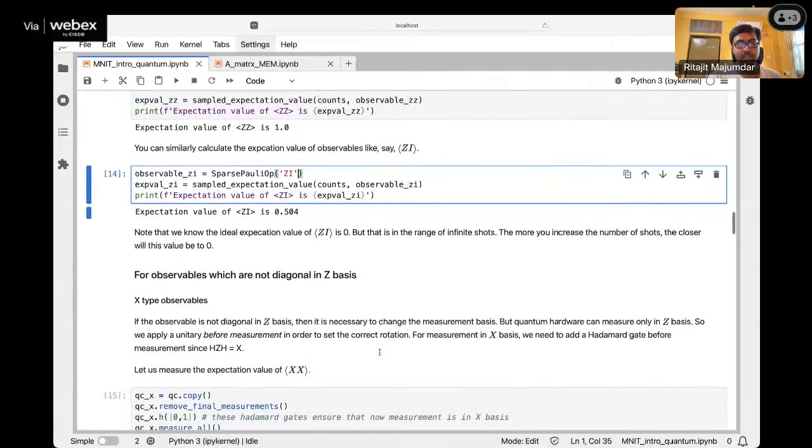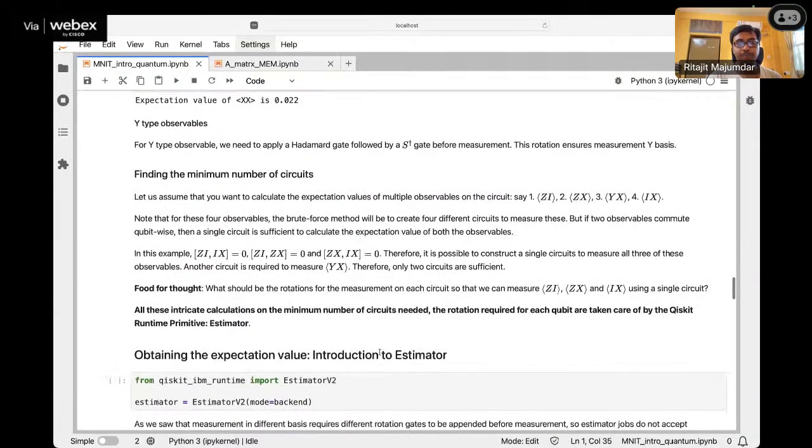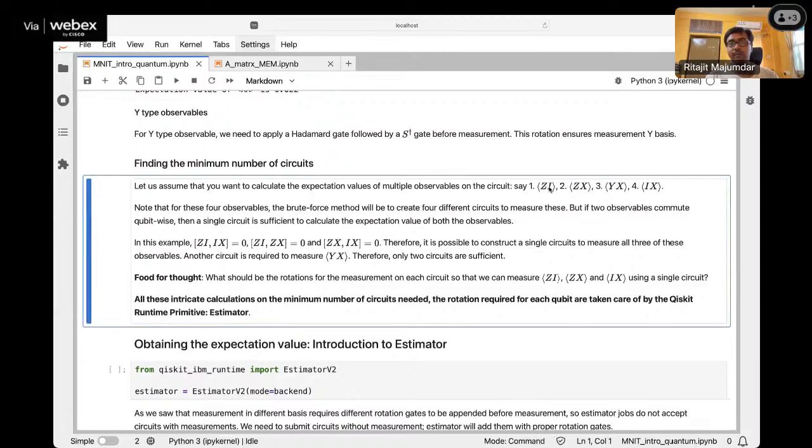Let's take this example here. So you see, I have taken 4 observables here. And unless you have been working with these kind of things for many days, it is not trivial to just look at all 4 of them and say which one commutes, which one anti-commutes, which can be grouped together. When I say you can group things together, that means you can use a single circuit for that.